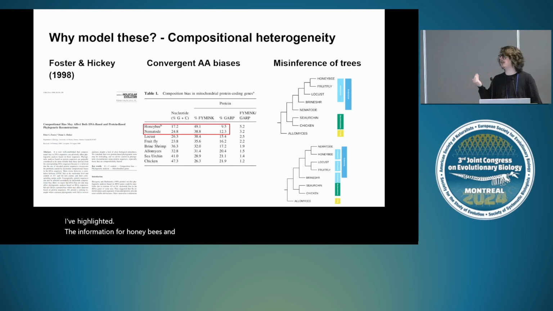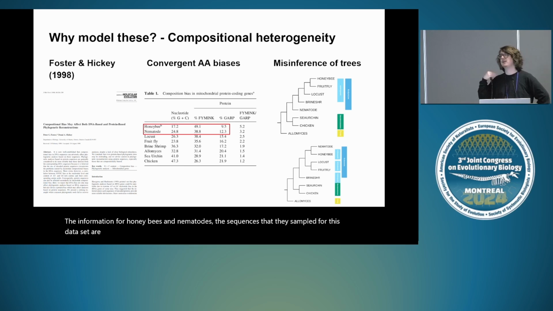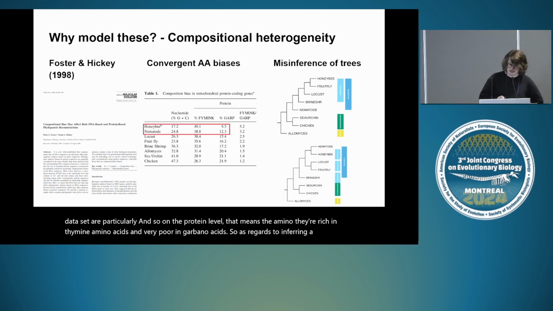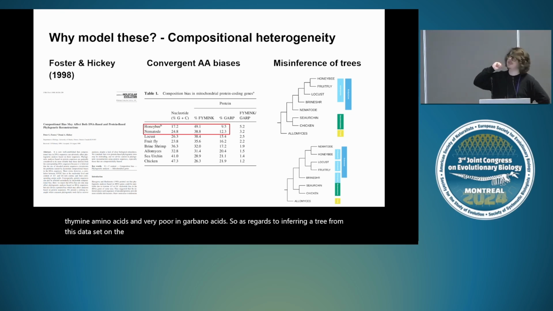The sequences that they sampled for this data set are particularly AT-rich, and so on the protein level, that means they're rich in thymine amino acids and very poor in GARP amino acids. So as regards inferring a tree from this data set, on the top right is the correct biological consensus tree for these taxa, where nematodes branch at the base of the ecdysozoa clade.